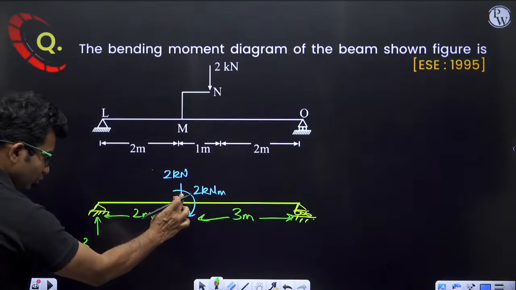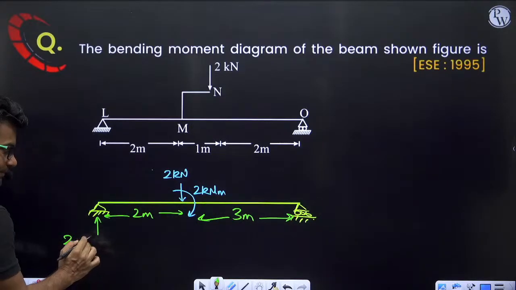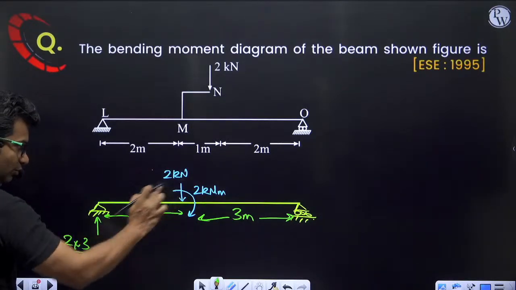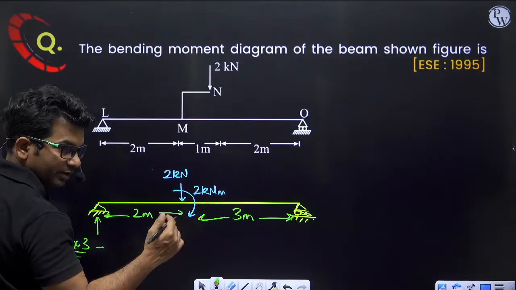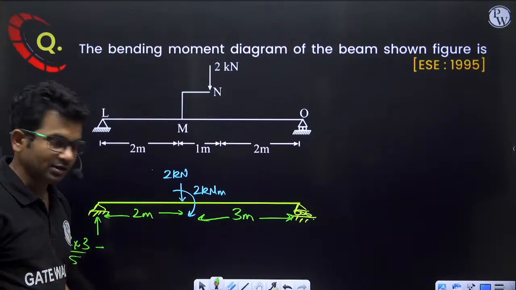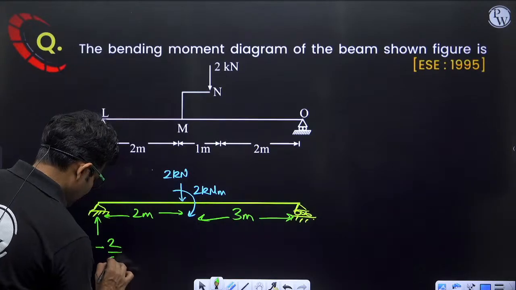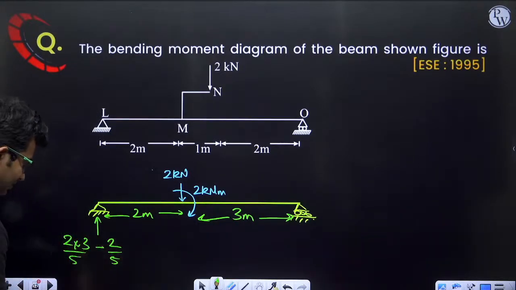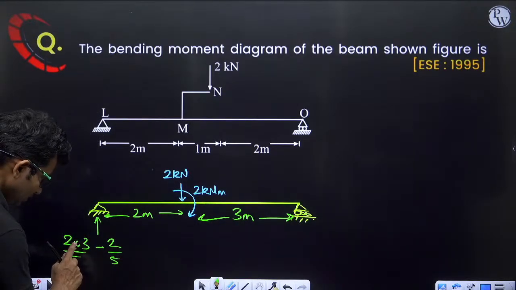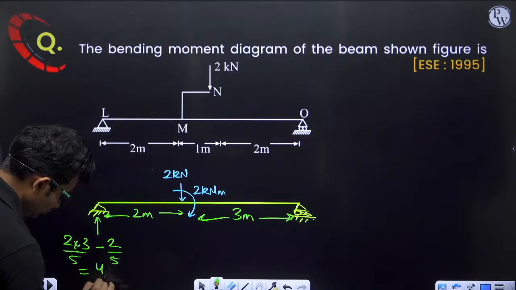So because of force I have calculated this support reaction, and because of the moment also I will be calculating. Because of the moment, I will be getting M by L. Moment is 2 divided by length, so minus 2 by 5. So 2 into 3 by 5 minus 2 by 5, so this will be equal to 4 by 5.